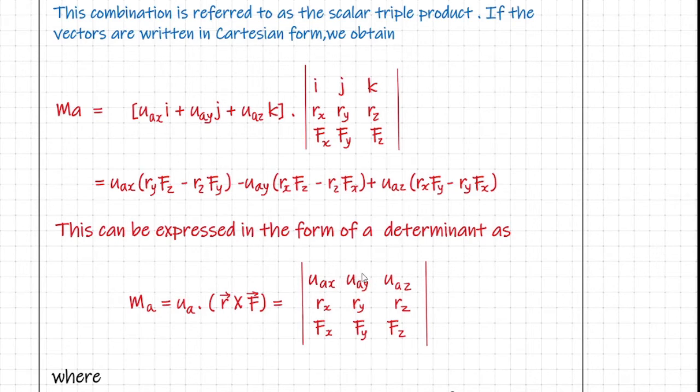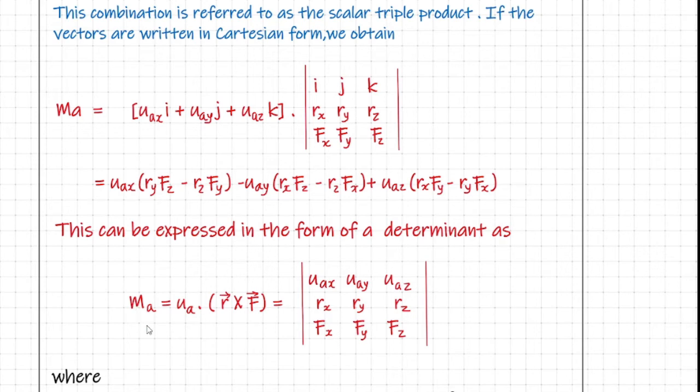Remember, U_Ax, U_Ay and U_Az are the components of the unit vector defining the axis A. Rx, Ry, Rz are the components of the position vector drawn from any point on the axis to any point on the line of action of the force F, and Fx, Fy, Fz as usual are the components of the force F. So this is how you can easily calculate the magnitude of the moment of a force about an axis.